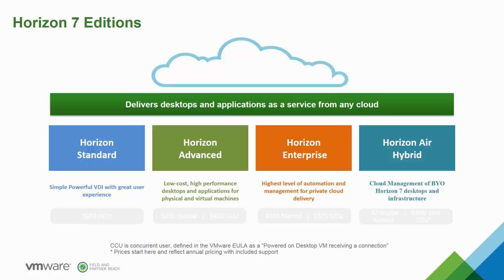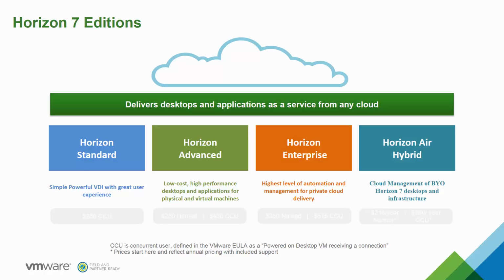And finally, Horizon 7 has several additions to help fulfill customers' needs depending on whatever their particular use case is for their environment. Horizon 7 comes in Standard, Advanced, and Enterprise editions, as well as a new Horizon Air Hybrid subscription-based pricing model. The Standard edition provides you with Horizon View virtual desktops and ThinApp packaging capabilities.